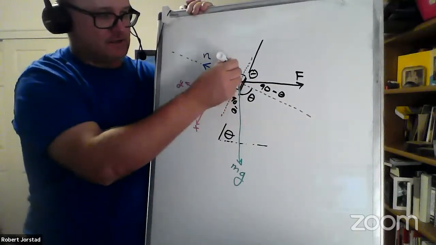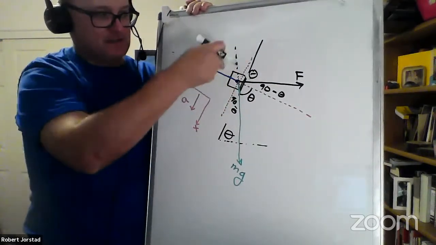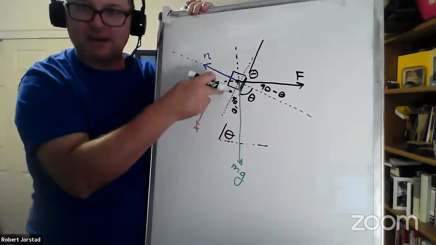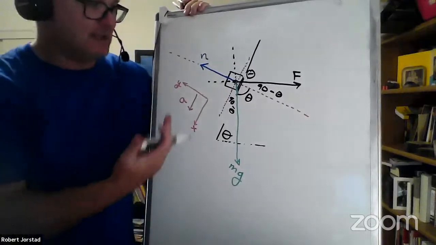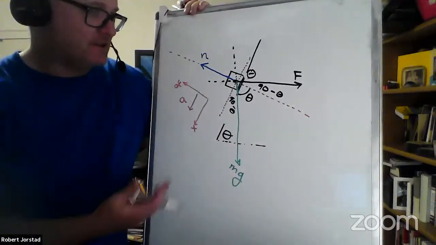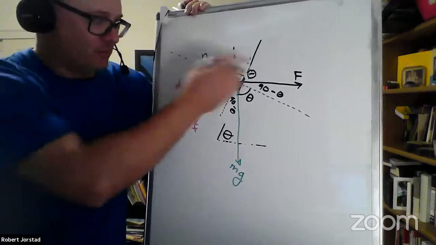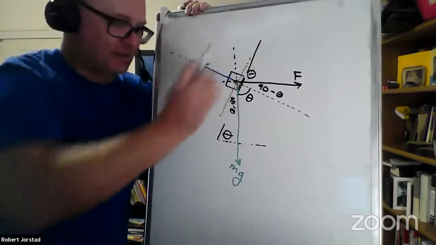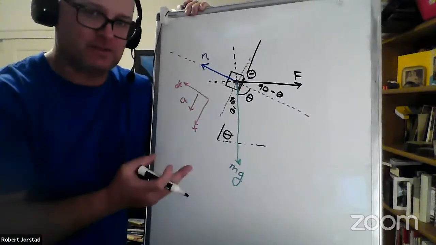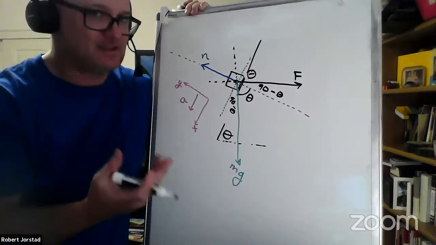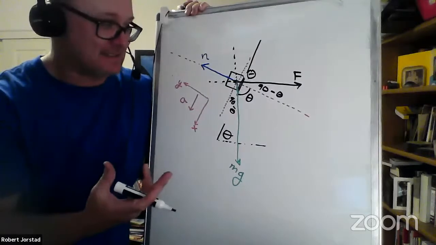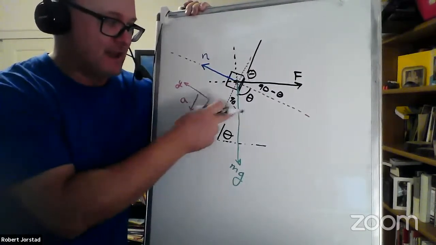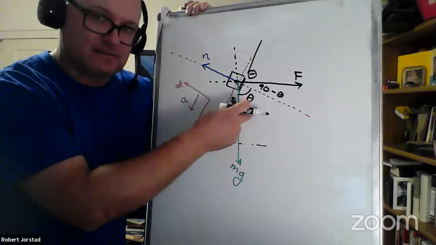What if I drew this upwards? This would be 90 minus, this would be theta. If I kept going, this would be 90 minus, this would be theta. And so a trick on these inclined ramps is first draw them in situ with the ramp there and figure out your thetas and your 90 minus thetas. If you draw a skinny triangle, it's really fast to see it. The skinny ones in this picture happen to be 90 minuses, and the fat ones happen to be thetas. Got it.